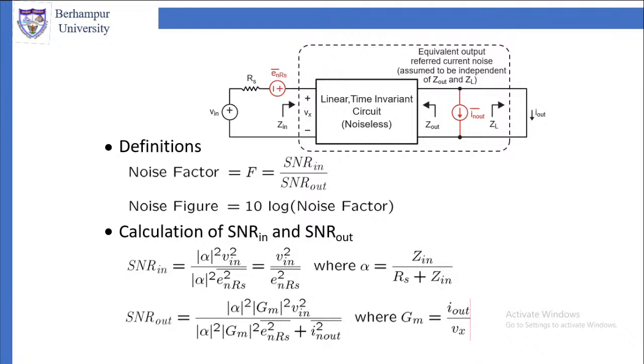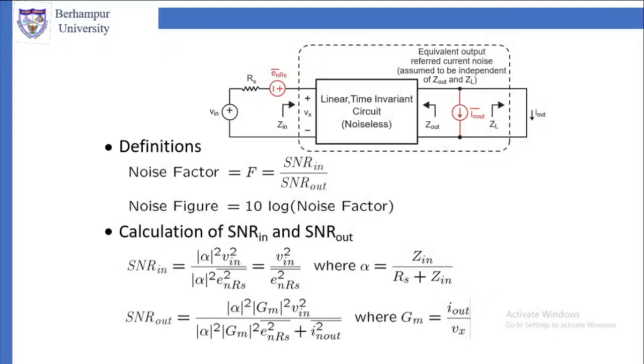Or you can say noise factor is the ratio of the signal to noise ratio at input and signal to noise ratio at output. Similarly, noise figure is equal to 10 times log of the noise factor. That is what is noise figure.